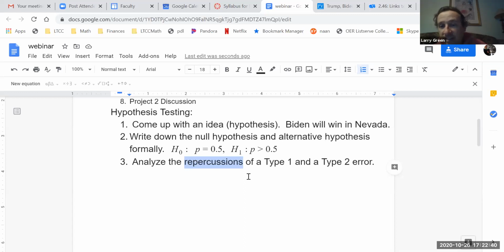So notice a key word here, error. Error is not a good thing. You don't want an error. You want to get it right. So type 1 and type 2 errors are when you didn't get it right. So let me define a type 1 error.